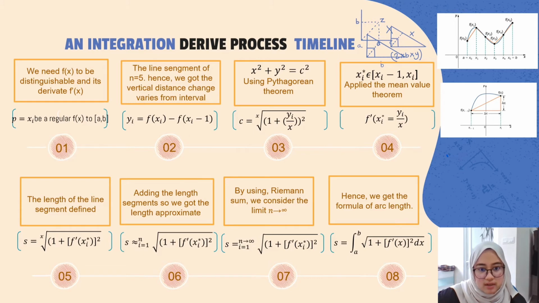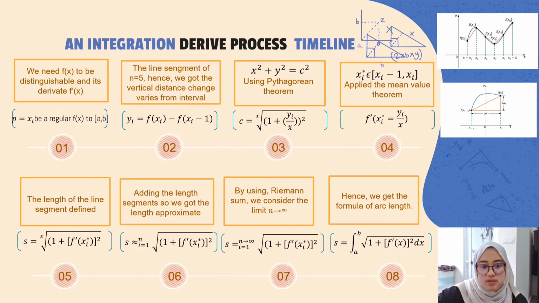The length of the line segment is then defined by Δx times the square root of 1 plus f'(x_i*) squared. Next, adding the lengths of all the line segments, we get the arc length approximately equal to the sum from i equal to 1 to n of the square root of 1 plus f'(x_i*) squared times Δx.